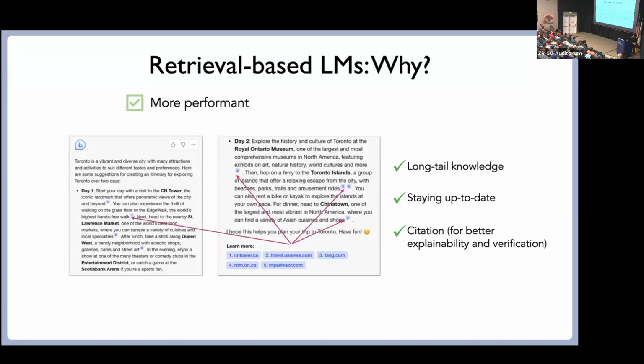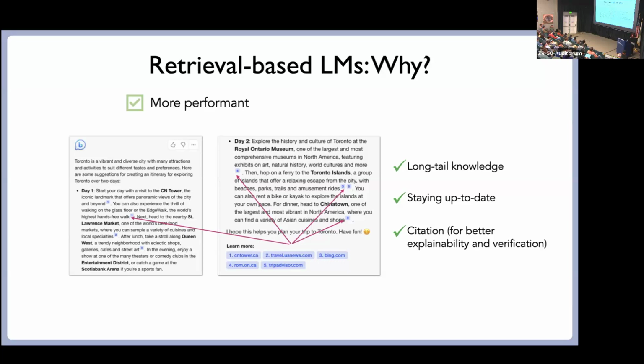Another reason for using a retrieval-based language model is if you want attribution of your text generation back to the data. For instance, this is an old interface of Bing Search, which is able to provide citations to every factual piece of information that it is generating. So it's giving some numbers, and you can visit the original website to verify and fact-check the information the model is generating.